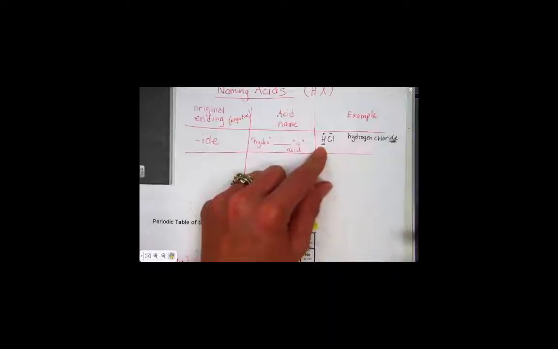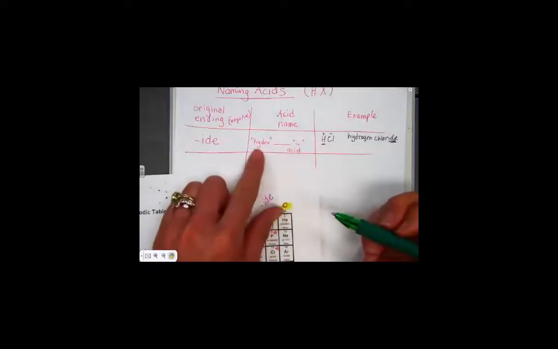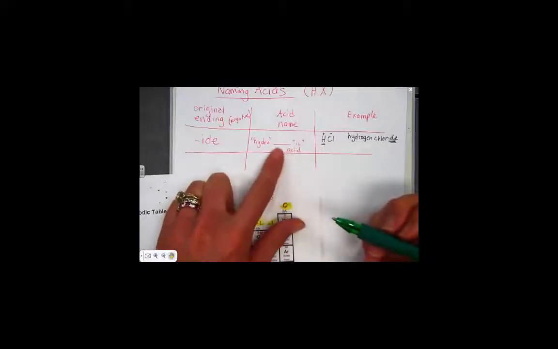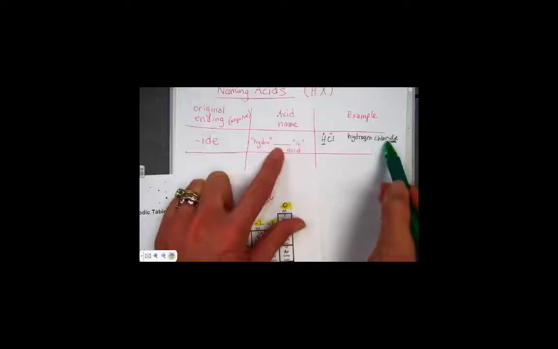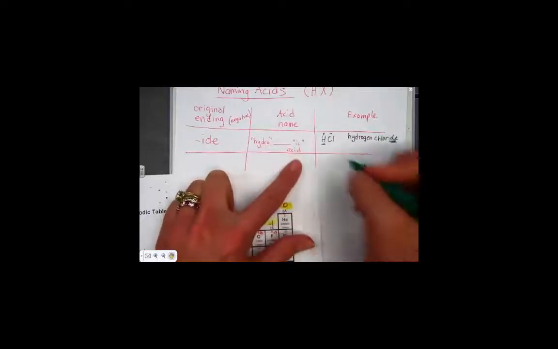Old school way, hydrogen chloride, naming a binary compound. But now say it as an acid with me. In terms of writing it as an acid, we have hydro, root word, ic. That root word is coming from the negative ion. Hydrochloric acid. Let's write that in. HCl is an example. Hydrochloric acid.